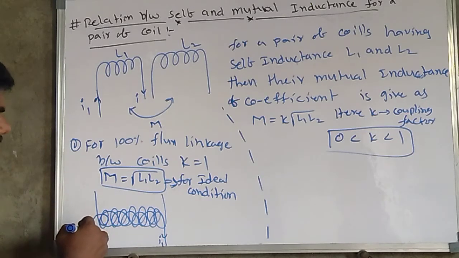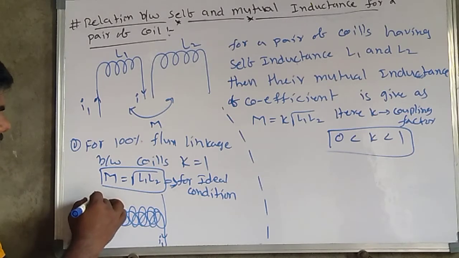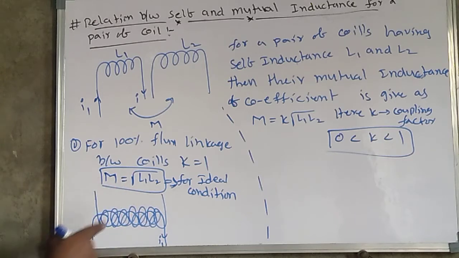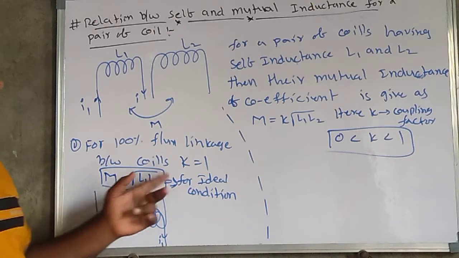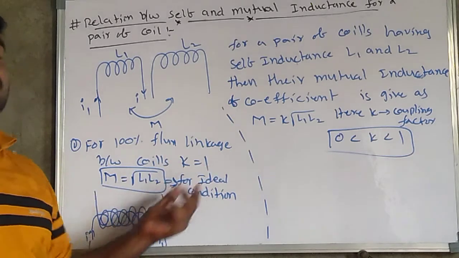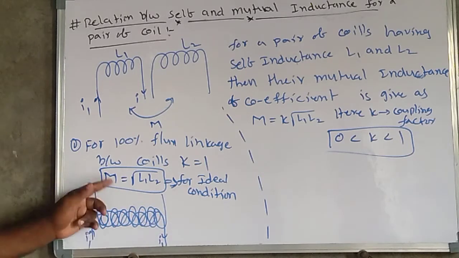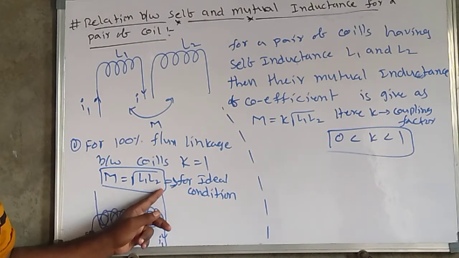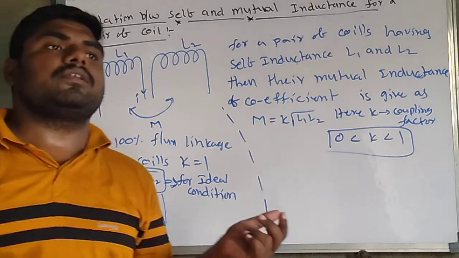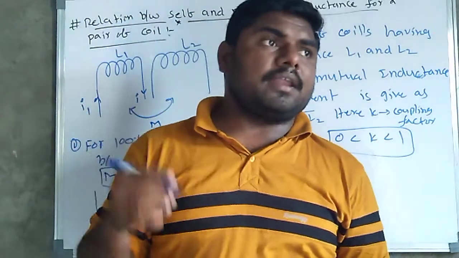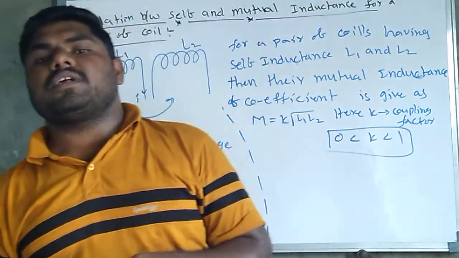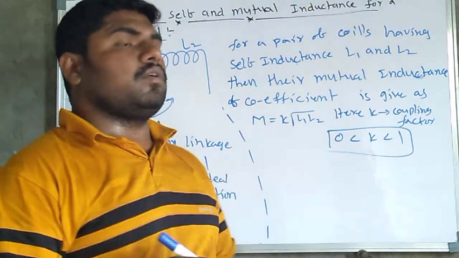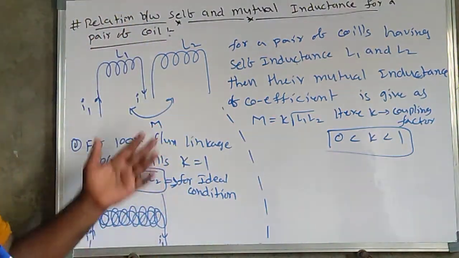Here they both are in opposite direction. In this situation K is equal to 1, which is the ideal condition, so M is equal to root of L1 L2. Some problems will give L1 and L2 values and ask for the mutual inductance coefficient M.